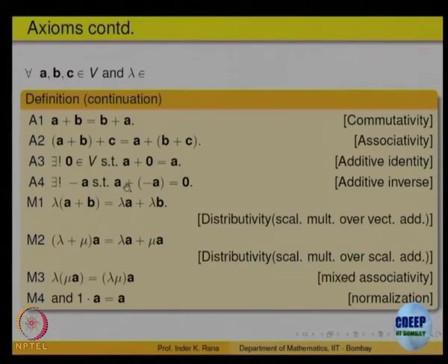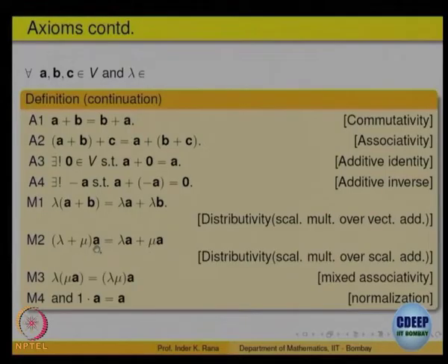And for every A, there exists a negative of A, such that A plus minus A is equal to 0. Scalar multiplication distributes over addition. So, lambda times (A plus B) is the same as lambda A plus lambda B. Similarly, if you add two scalars and multiply with A, then it is lambda A plus mu A.